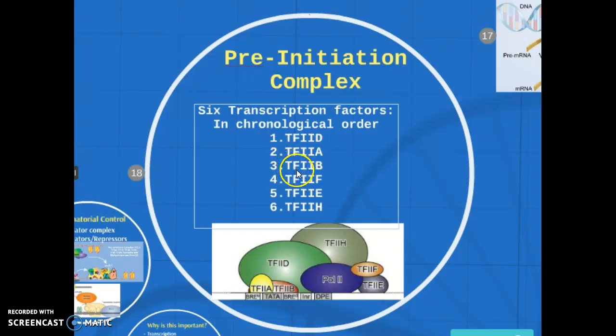TF2A and TF2B then join this TATA box section with TF2D. Attached to TF2F is RNA polymerase. So this transcription factor is in charge of bringing RNA polymerase to this complex.